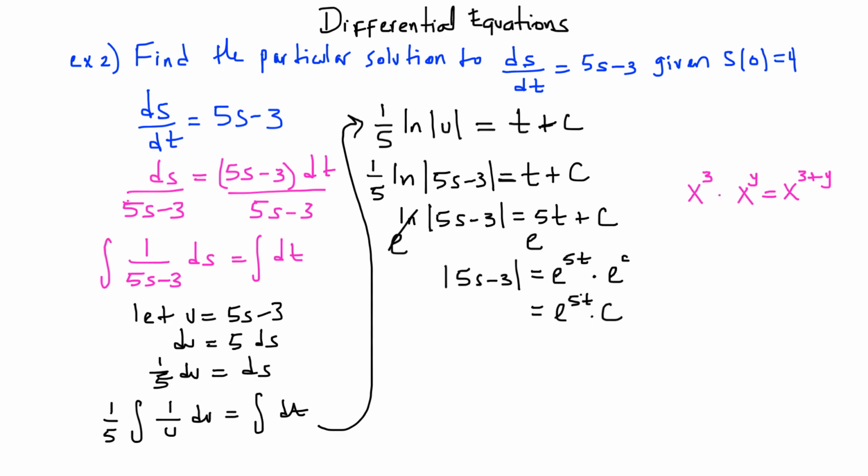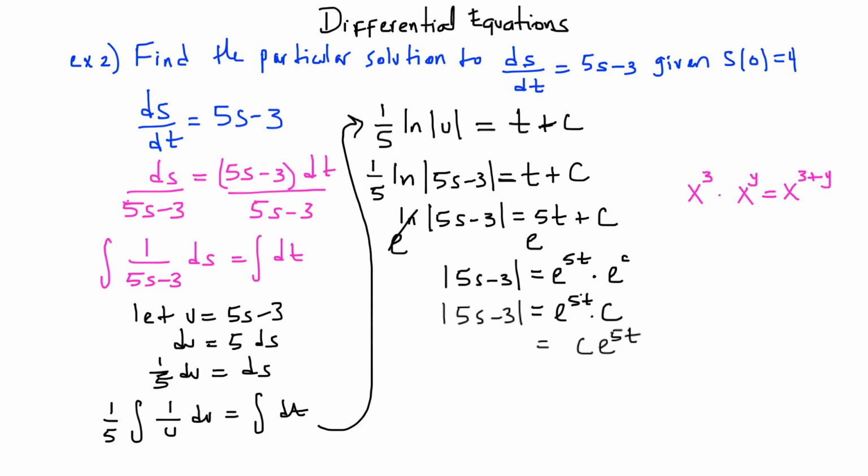And then my left-hand side remains the absolute value of 5s minus 3. It's actually not a bad idea to bring this c to the front and make it look like a coefficient. So c e to the power 5t. Now, how do you cancel the absolute value? Don't forget, we're trying to solve for s.